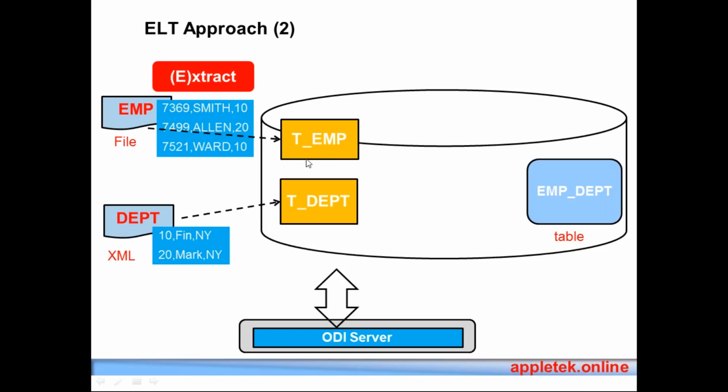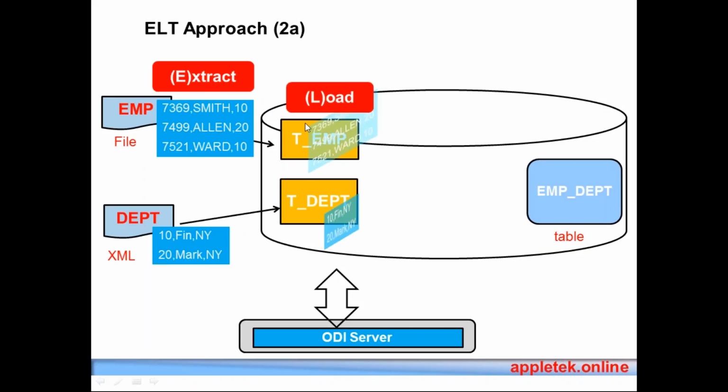Once these temporary tables are created in your database, it will push your data from your source to your temporary tables. That is how we are extracting the data and then loading it into your temporary tables. The code generation and table creation will be done by your ODI server itself, and the developer need not worry.